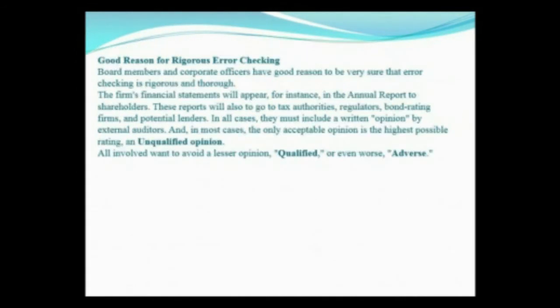Good reason for rigorous error checking. Board members and corporate officers have good reason to be very sure that the error checking is rigorous and thorough. The firm's financial statements will appear, for instance, in the annual report to the shareholders. As you are studying, the board of directors at the end of every financial year presents the financial statements of the business at the annual general meeting, and those financial statements will be available for all the stakeholders.